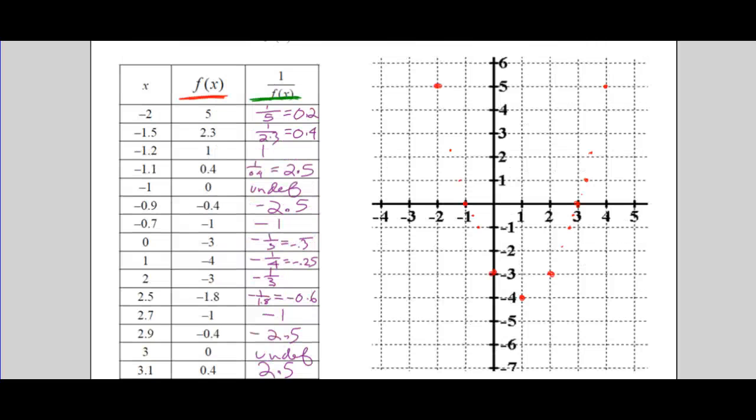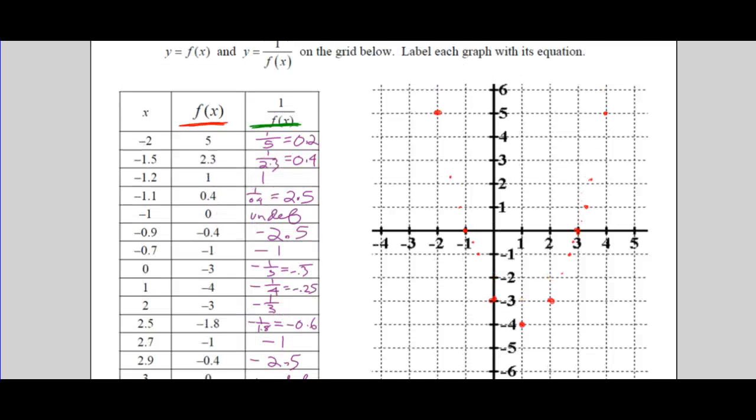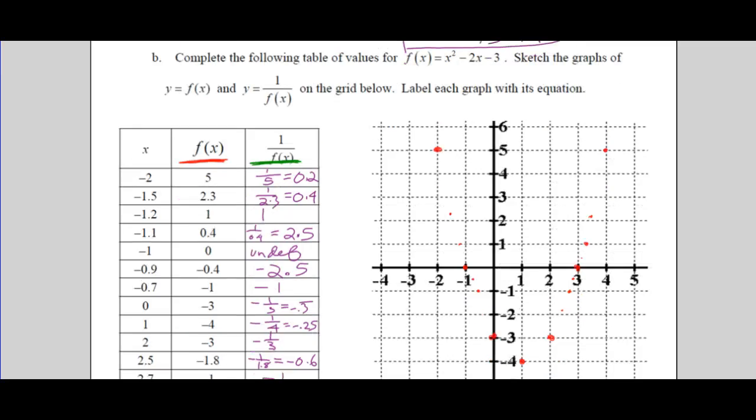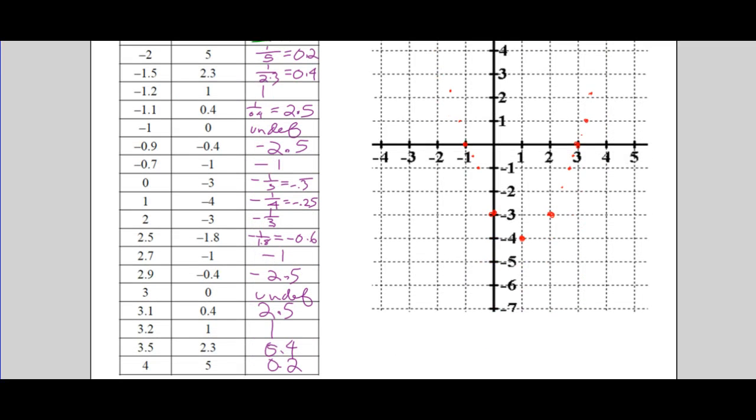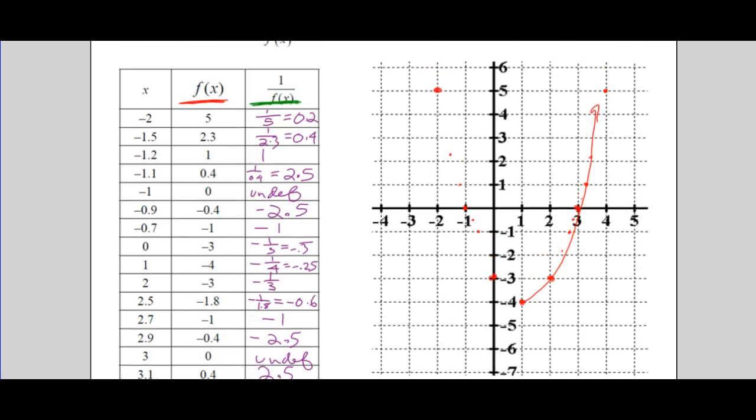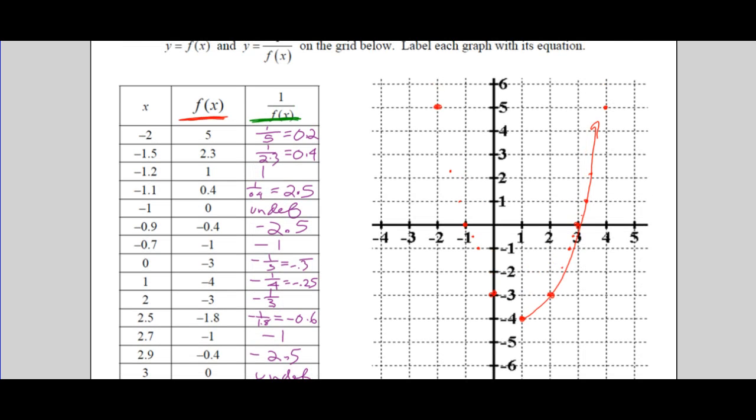Okay, so I've put the points down for the original function, x squared minus 2x minus 3. I'm just going to join those. It's a quadratic, so it's a nice parabola.